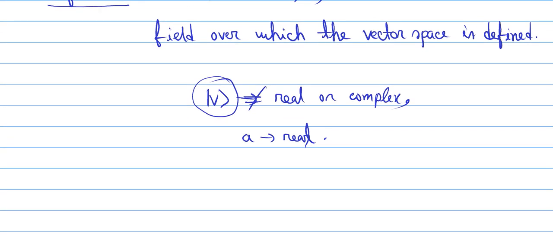So from the axioms of linear vector space, from definition 1, we can come to conclusions about certain rules. That is, if I multiply 0 with any vector, I will get the null vector back, and the inverse vector is nothing but minus the vector.